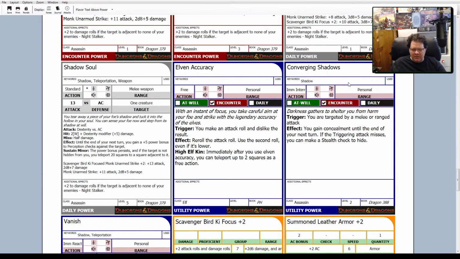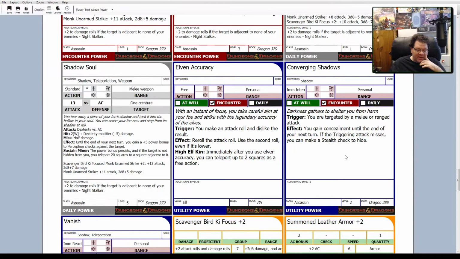Converging Shadows. You get Concealment, which I think would increase some of your defenses. I'd have to look at it again. But basically, if someone targeted you with a melee or ranged attack, you could use Converging Shadows, again, another encounter power.